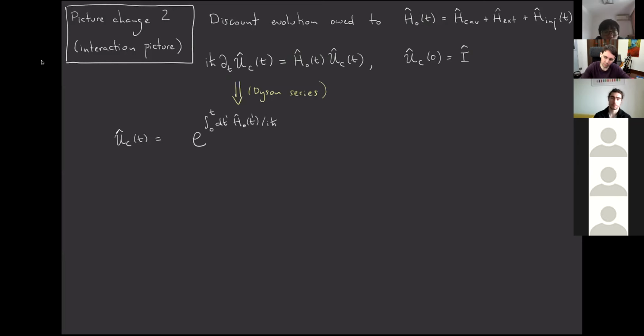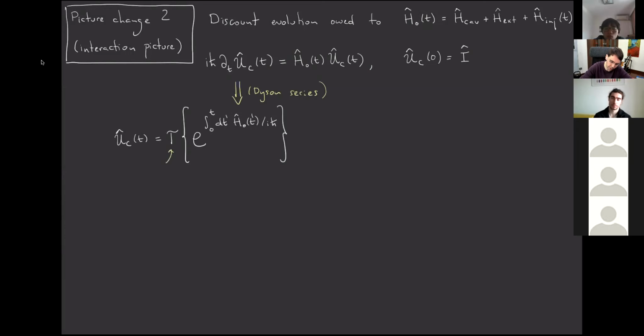But we have here a problem, which is that it's not ensured that the Hamiltonian at different times commutes. So this is not the solution of this equation, okay? To solve this equation, you have to do one more thing, which is you have to time order this expression, okay?